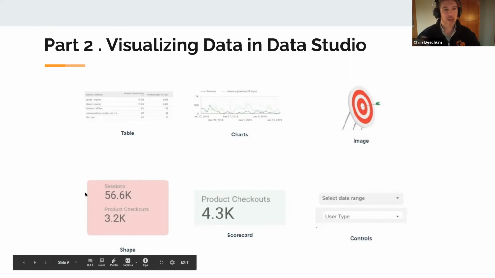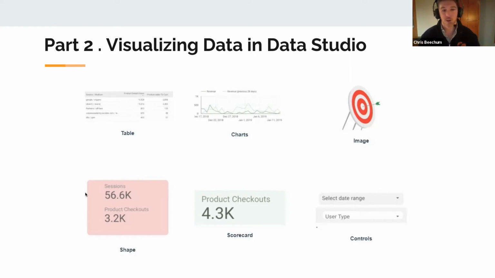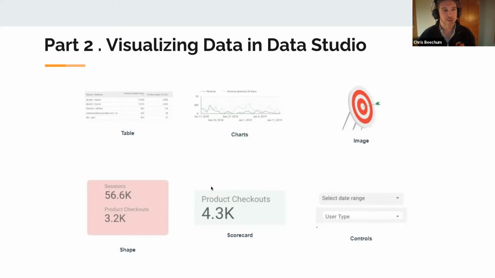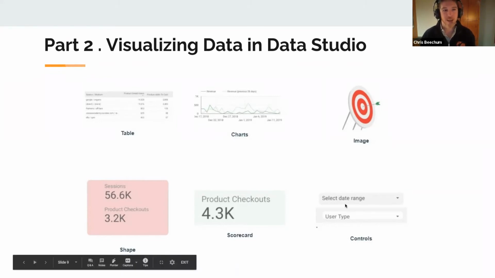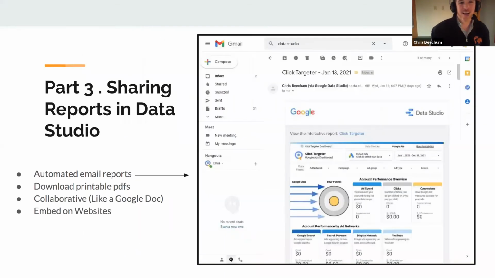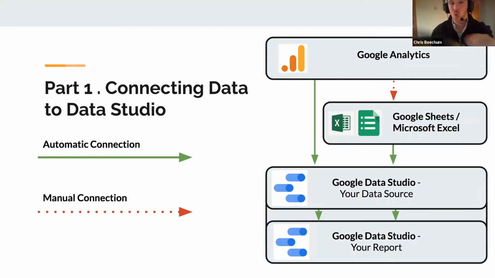If you just want to make your report prettier, more colorful, a lot of tools. You can add shapes, scorecards. This is just a simple table, but I love these. We're going to get into this more. And then the last thing, one of the most fun, is the data filters or data controls. What this does is it makes your reports really interactive. More on that later.